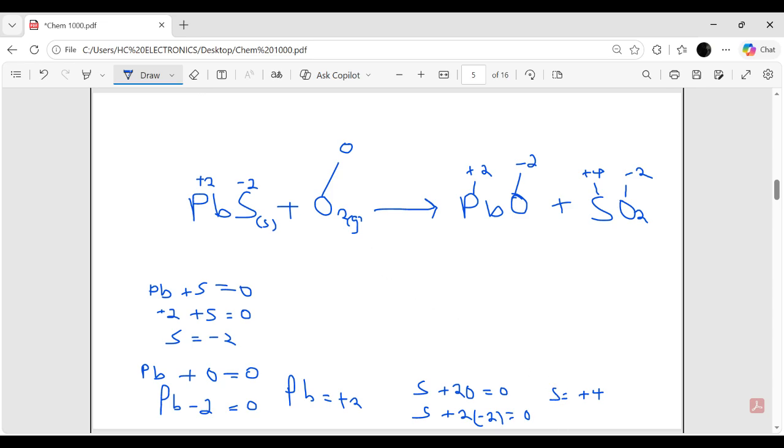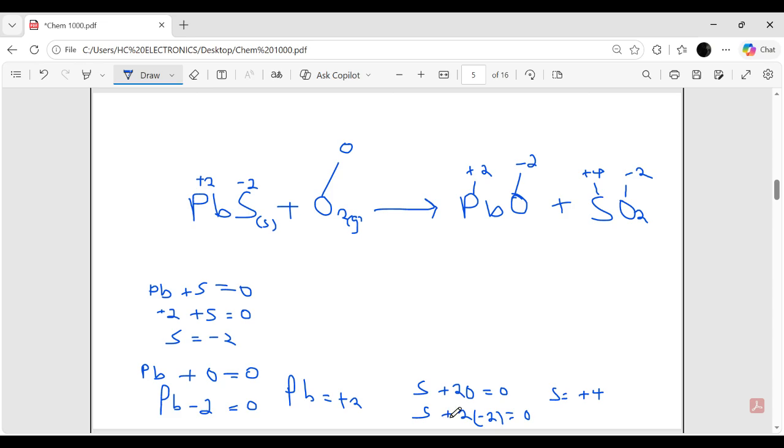Could you repeat how you found the oxidation state for sulfur? Oh, for sulfur. Okay, so I said sulfur plus 2 oxygen, because here there is sulfur dioxide. So I said S plus, here there are 2 oxygen, so it's going to be plus 2 oxygen is equal to 0.